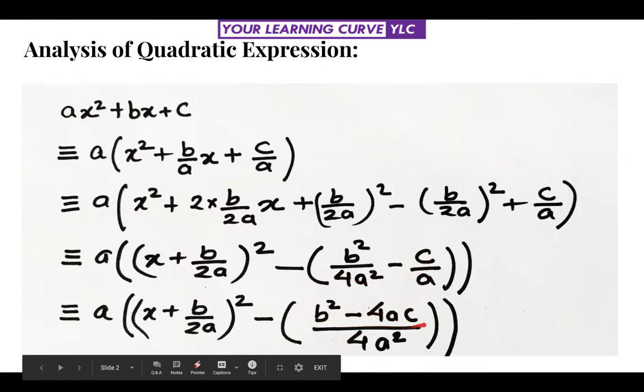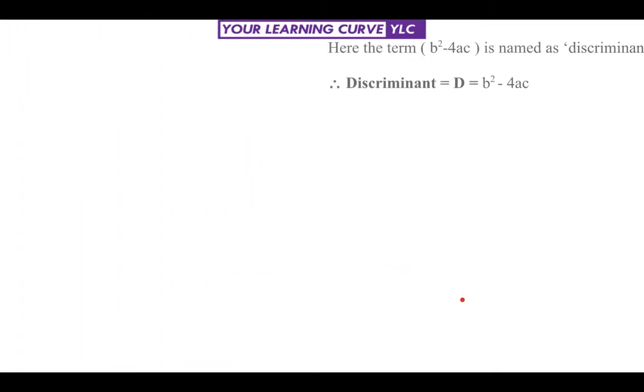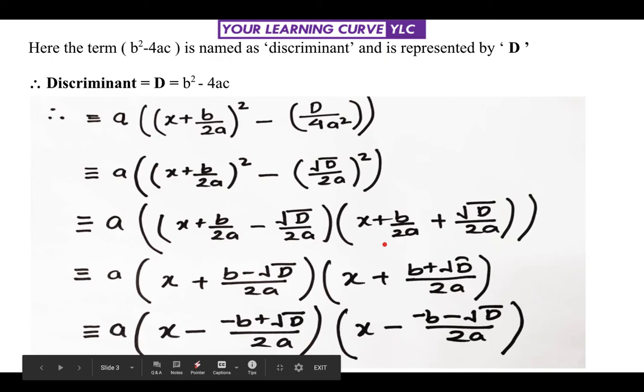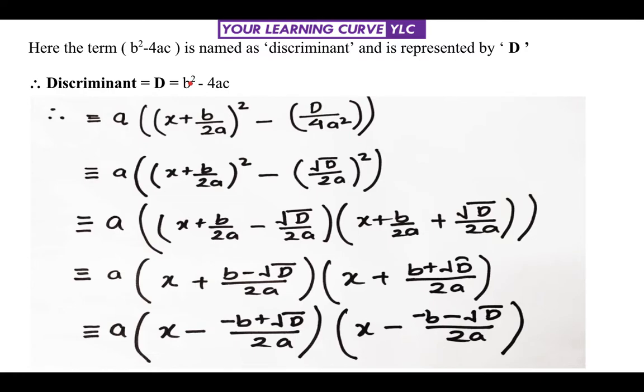This b square minus 4ac is a very important term. We will be discussing it now. This b square minus 4ac is named as a discriminant. This term is so important in quadratic equations that it has been assigned a name. It is called the discriminant, D, which is equal to b square minus 4ac.